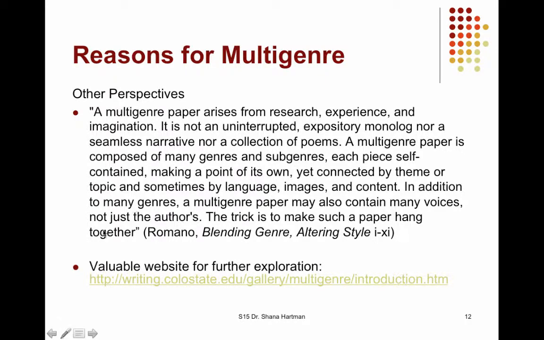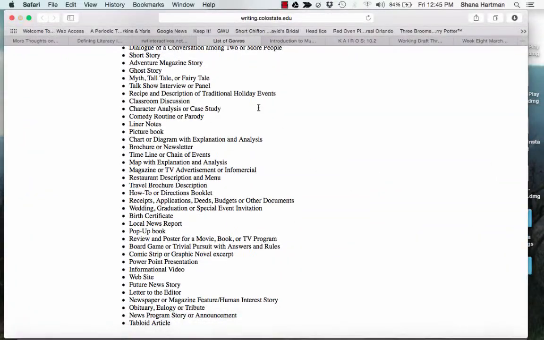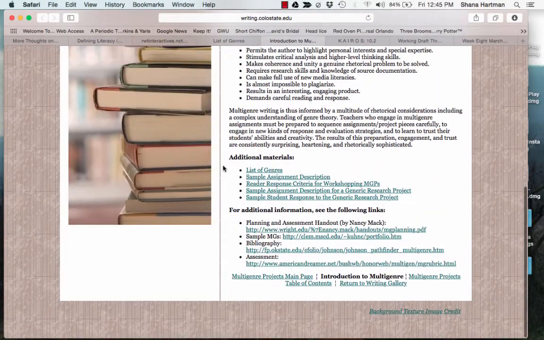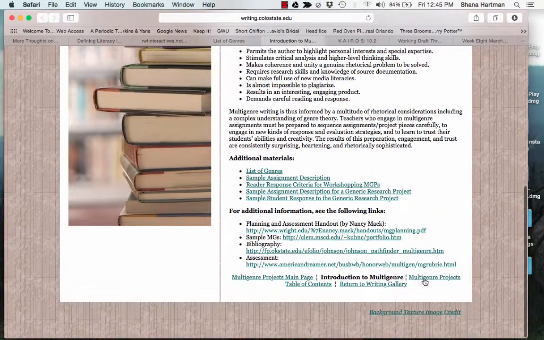For more information and an overview of ideas of multi-genre writing, this is another element of the Colorado State resource that you might find useful. It provides some introductions as well as some examples of multi-genre projects. Let's take a look.